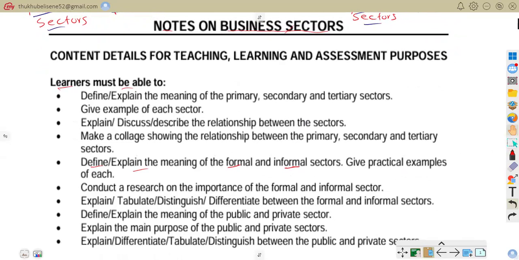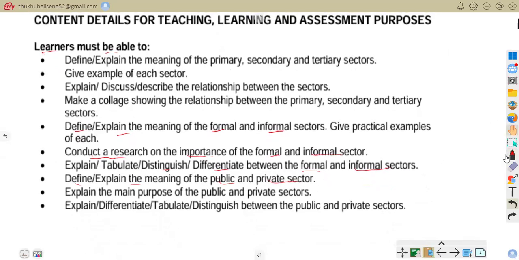Also, conduct research on the importance of the formal and informal sector. Also, tabulate, distinguish or differentiate between the formal and informal sector. And define and explain the meaning of public and private sector, as well as explain the main purpose of the public and private sector. And lastly, differentiate or tabulate between the public and private sector.